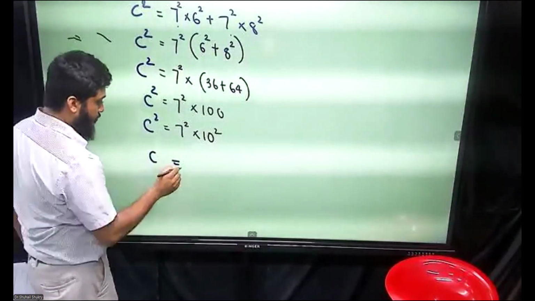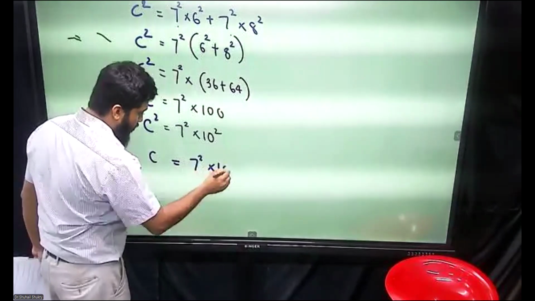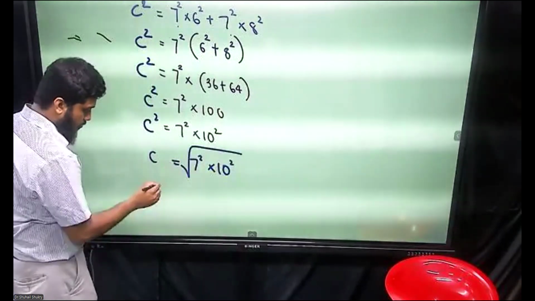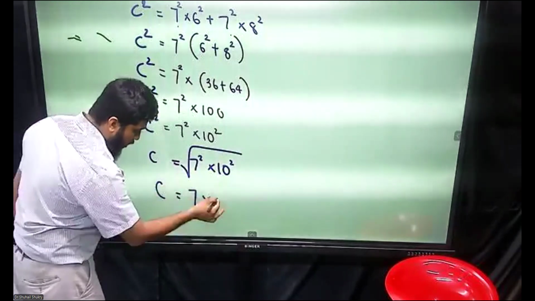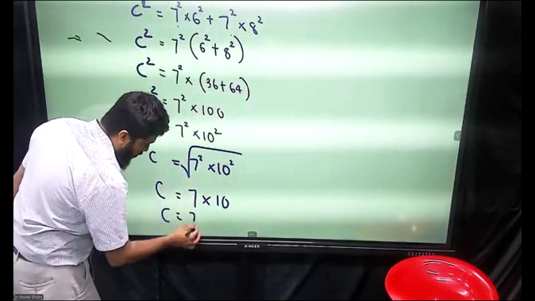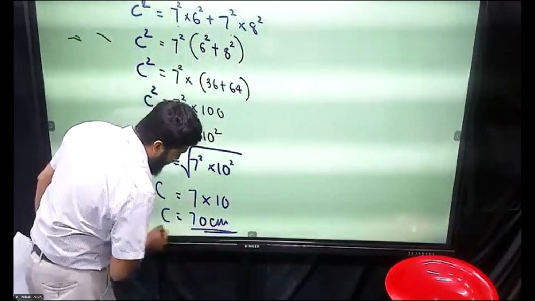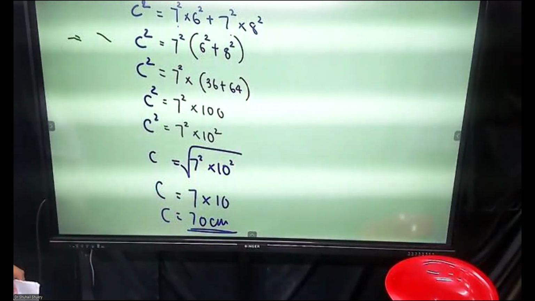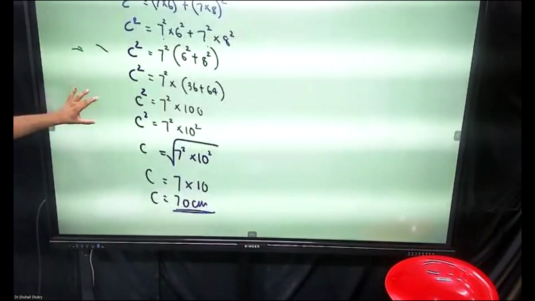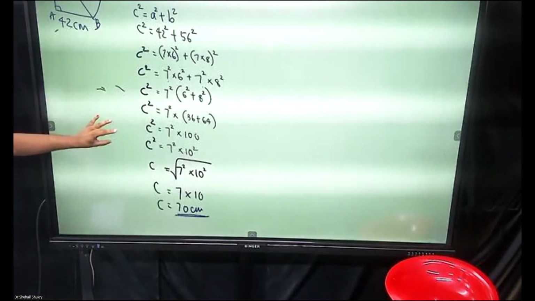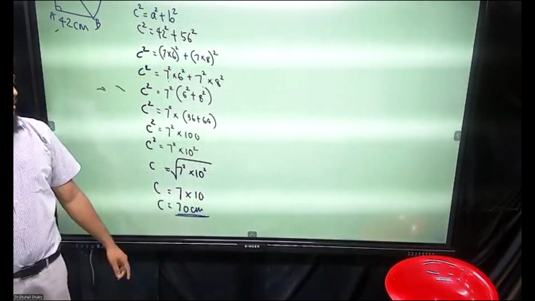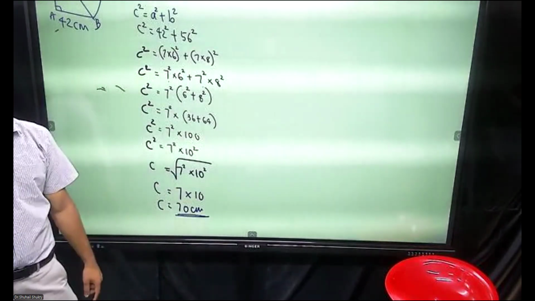So C is equal to the square root of 7 squared into 10 squared. The square root of 7 squared is 7, and the square root of 10 squared is 10. So C is how much? 70 centimeters. Right? We can break it like this and find it. Otherwise, if you want 42 squared again, you can do the work.